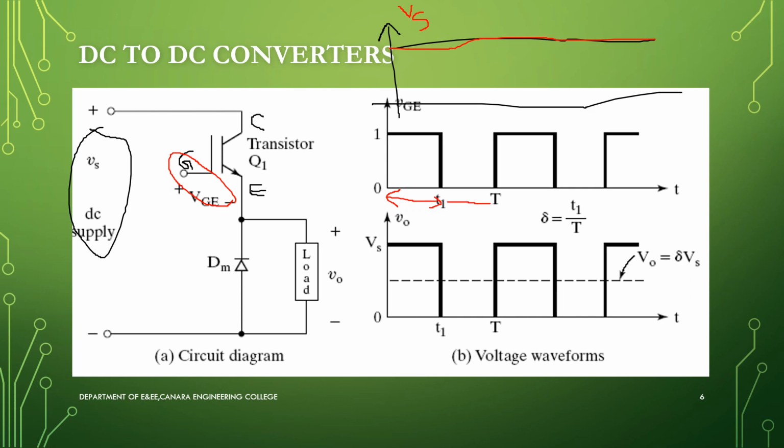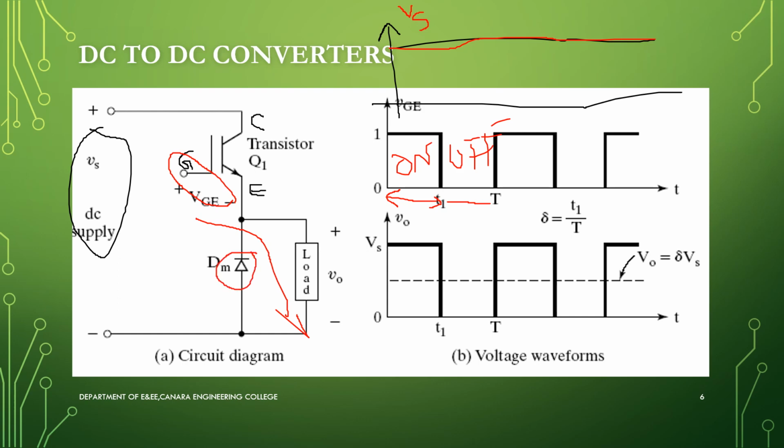So whenever you apply the gate signal during this interval, the transistor is on. Here the transistor is off. That repeats. So whenever the transistor is on, the current flows through the load. In case the transistor is off, there is no current flowing through the load. Why do we have a diode here?